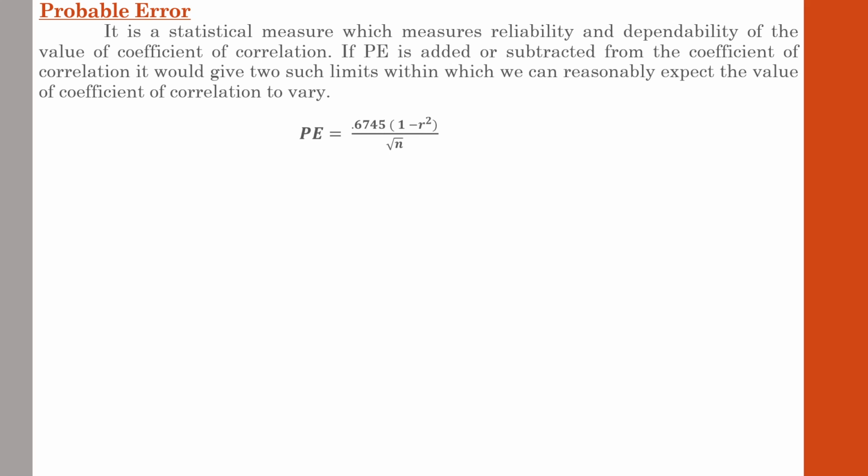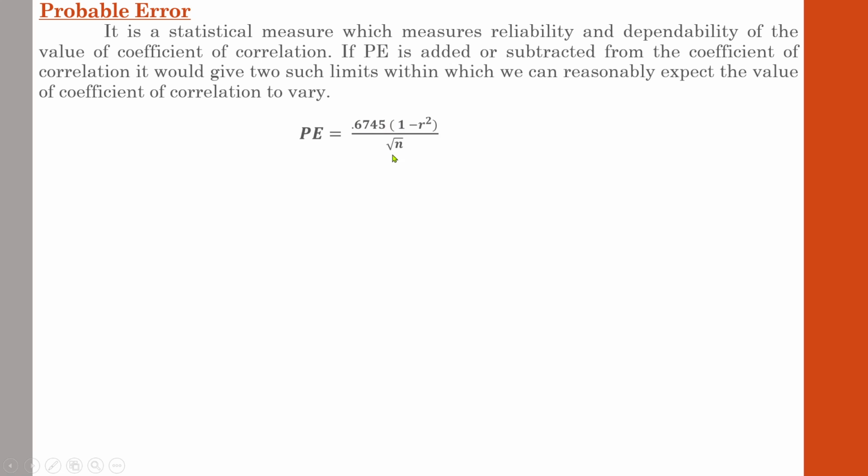So the equation for finding the probable error: PE equal to 0.6745 into (1 minus R square) divided by root of n. And remember this part, if you remove 0.6745, you will get (1 minus R square) by root n.